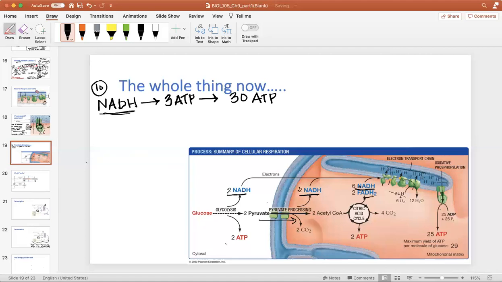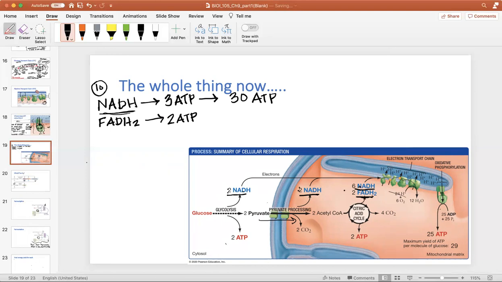Let's look at this FADH2. It turns out that if we use FADH2 and we put it into the electron transport chain, you can make about 2 ATP for every FADH2 that you put into this right here, okay?